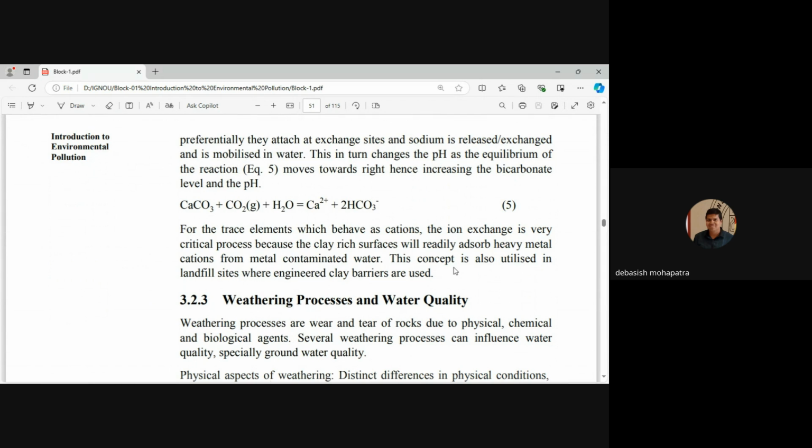This in turn changes the pH and the equilibrium of the reaction moves towards right, hence increasing the bicarbonate level and the pH. So when calcium carbonate in the presence of carbon dioxide reacts with water, it gives calcium plus 2HCO3, and this HCO3 will decrease the pH level because it's a bicarbonate ion, and it will give you acid.